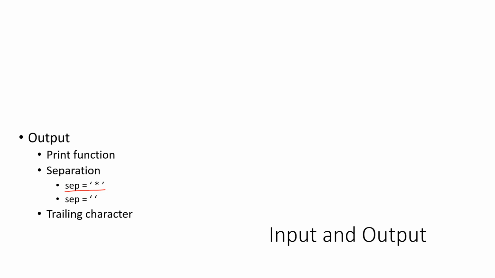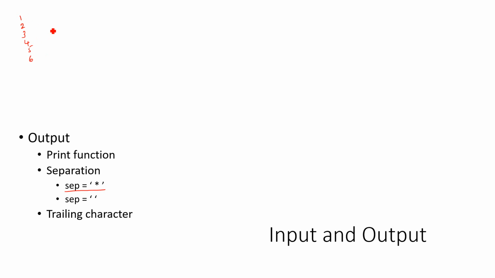And also, we can have some trailing character. Generally, how will the print statement print? If you want to print continuously 1, 2, 3, 4, 5, 6, it will print in the next line, right?